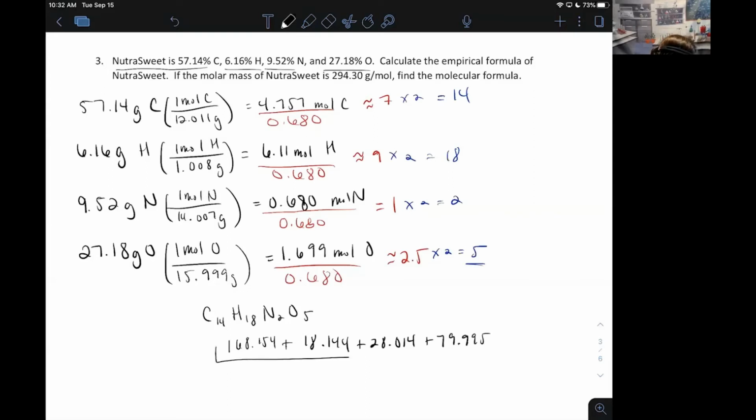So we add all these together, and all I did was I took 14 times 12.011, 18 times 1.008, 2 times 14.007, and 5 times 15.999 to give me my empirical formula's molar mass. Then I add all these together.